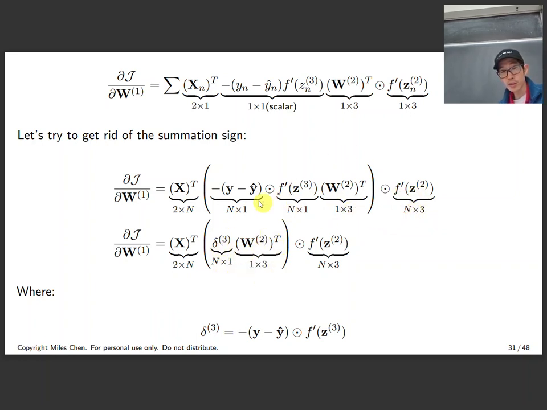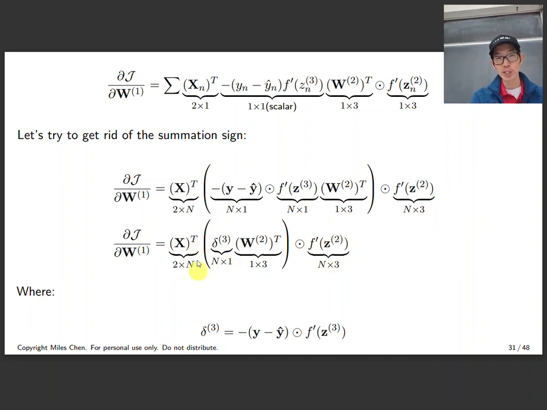So this thing, n by 1 times the 1 by 3, this whole thing becomes n by 3. And then I can do element-wise multiplication with an n by 3. So I have this n by 3 matrix over here, and an n by 3 matrix over here, and I'll go element-wise across the first row, the first, second, third observation, next row, first, second, third observation, and do that.